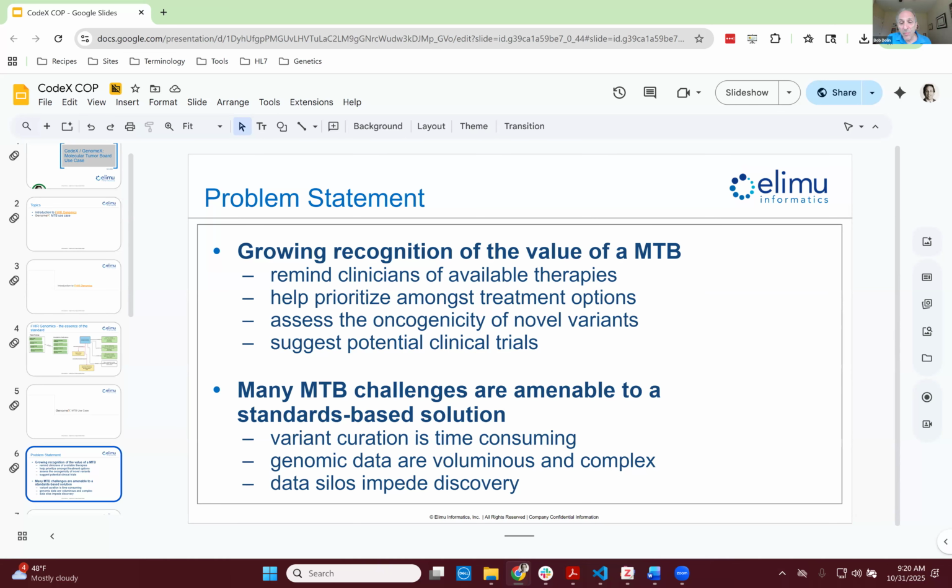And probably in the not too distant future, this is going to be the same case as our knowledge bases grow and as the volume of data comes in. We're no longer going to be scratching our heads saying, gosh, do we have one treatment option? But rather, we're going to be scratching our heads saying, how do we prioritize amongst the several treatment options?